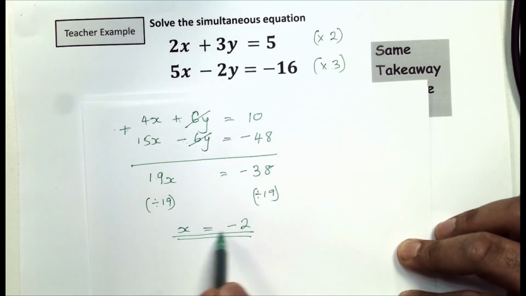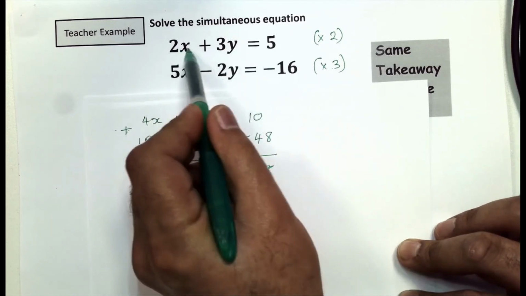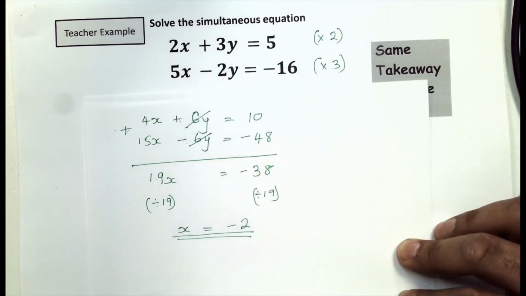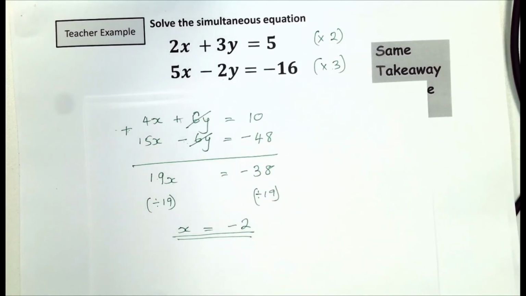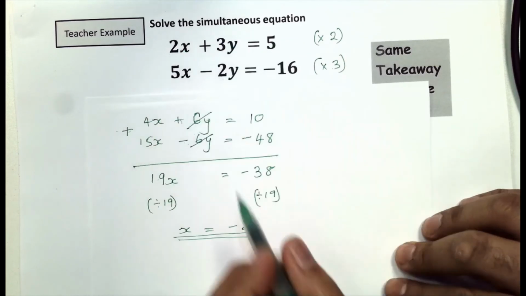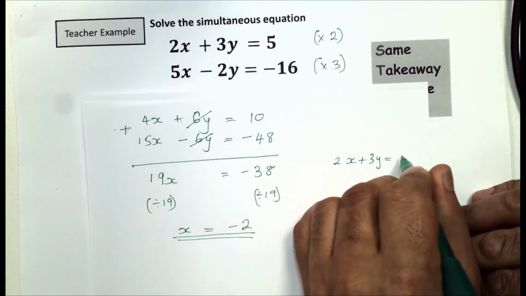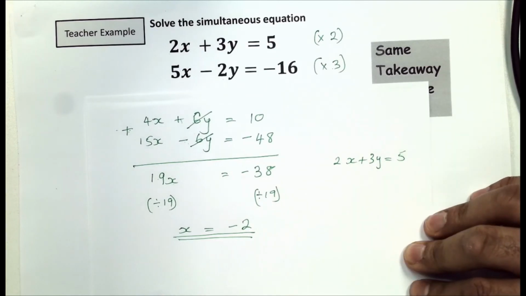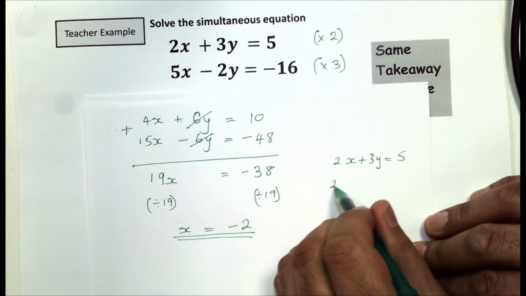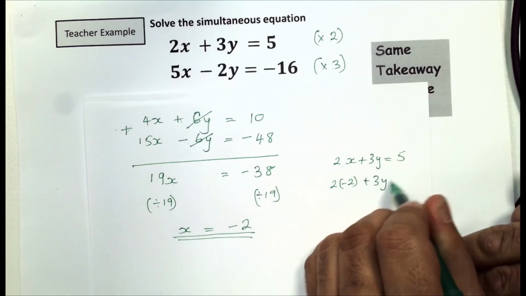Again, this time I'm going to choose the first equation, 2x plus 3y equals 5, because of this minus 16, it will make it a bit more complicated, or a lot easier for me to make a mistake. So 2x plus 3y equals 5, and substitute this in. So 2 times minus 2 plus 3y equals 5.